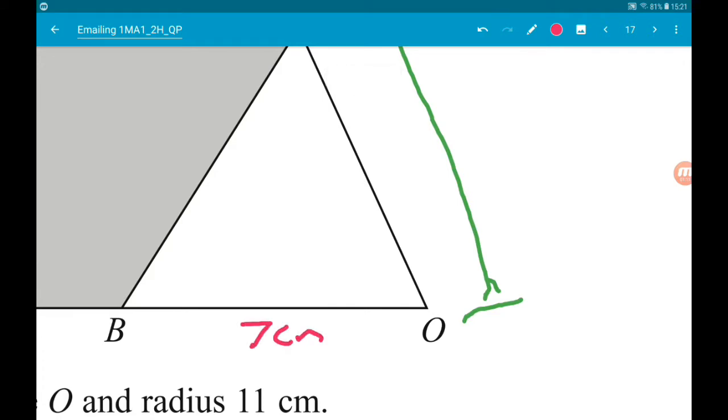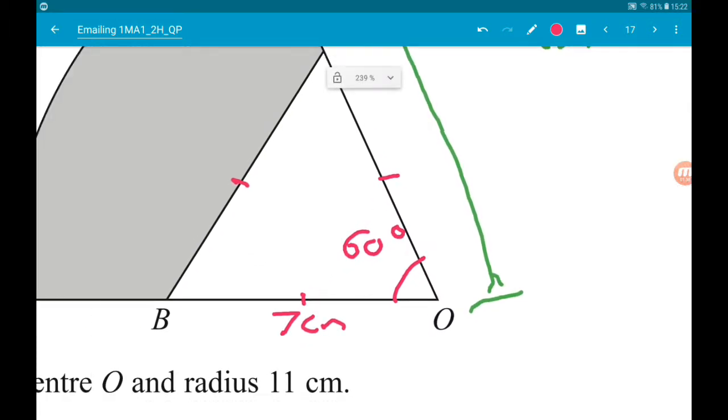It's an equilateral triangle. So those three lengths are the same. Also, in an equilateral triangle, every angle is 60 degrees. Now we only need that one down there.